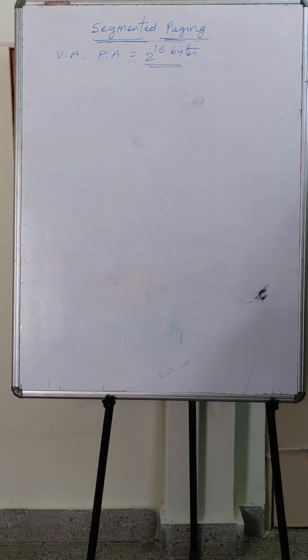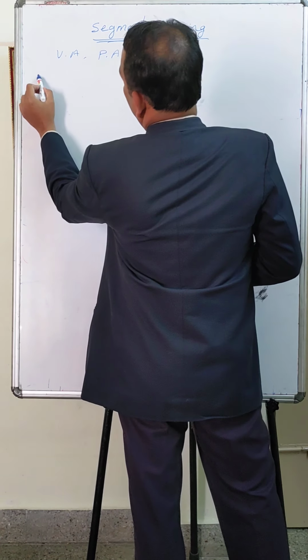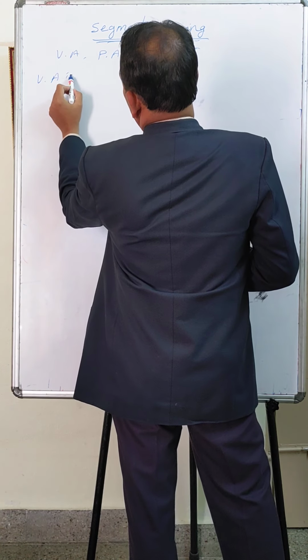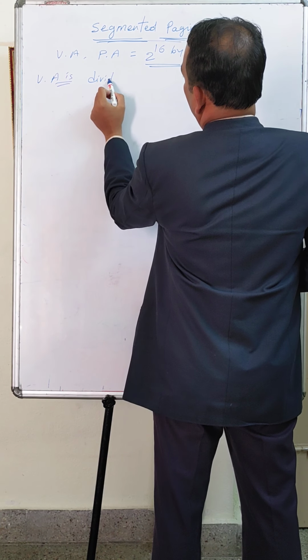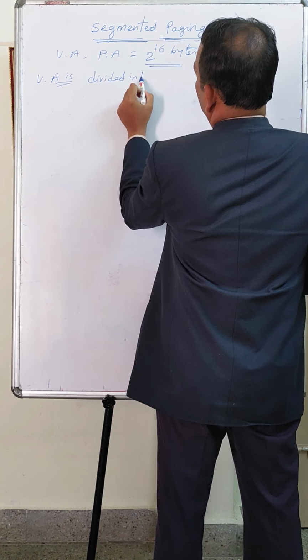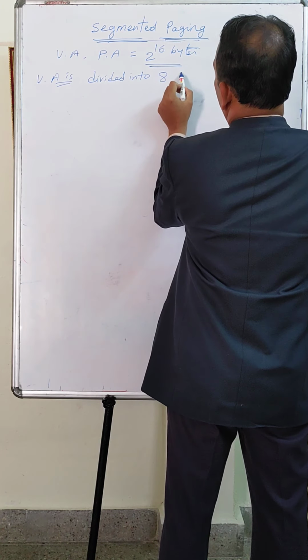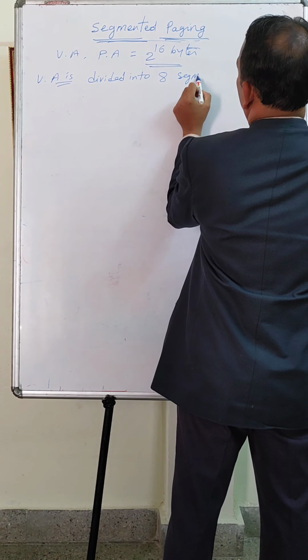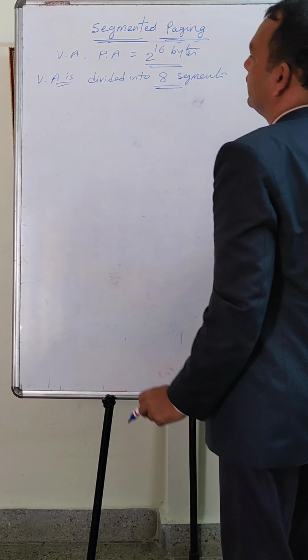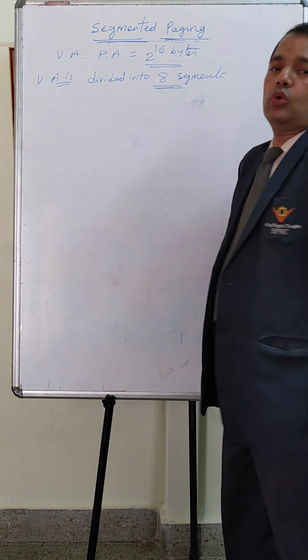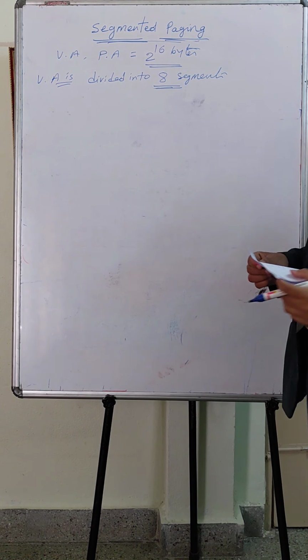Next, the virtual address is divided into 8 segments. How many segments is it divided into? Total 8 segments.